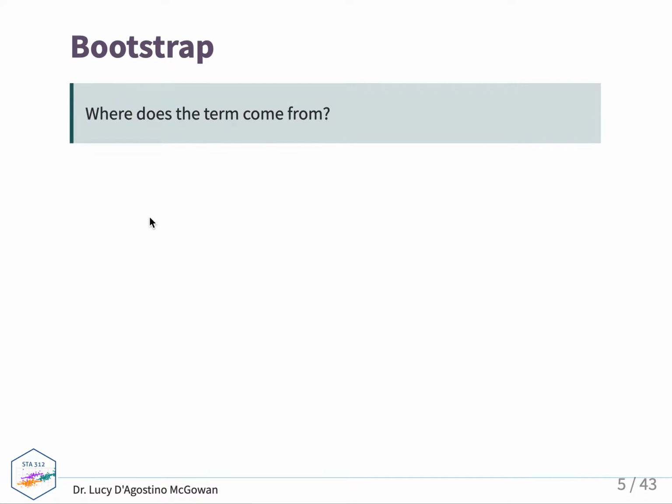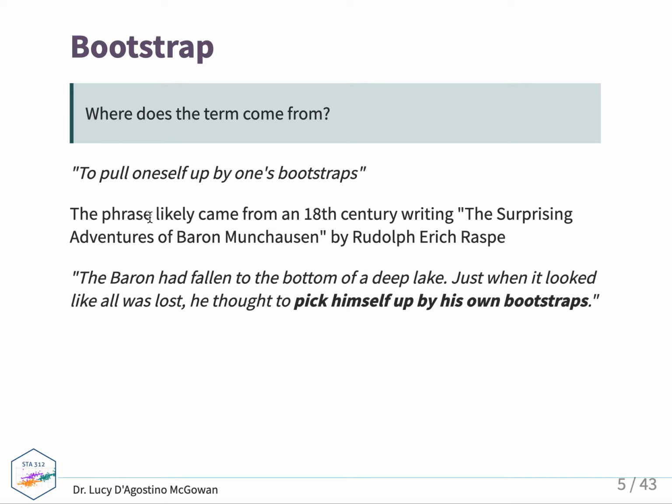So where does this term bootstrap come from? It comes from the phrase to pull oneself up by one's bootstraps, which likely came from an 18th century writing, The Surprising Adventures of Baron Munchausen. The quote was, "The Baron had fallen to the bottom of a deep lake. Just when it looked like all was lost, he thought to pick himself up by his own bootstraps."